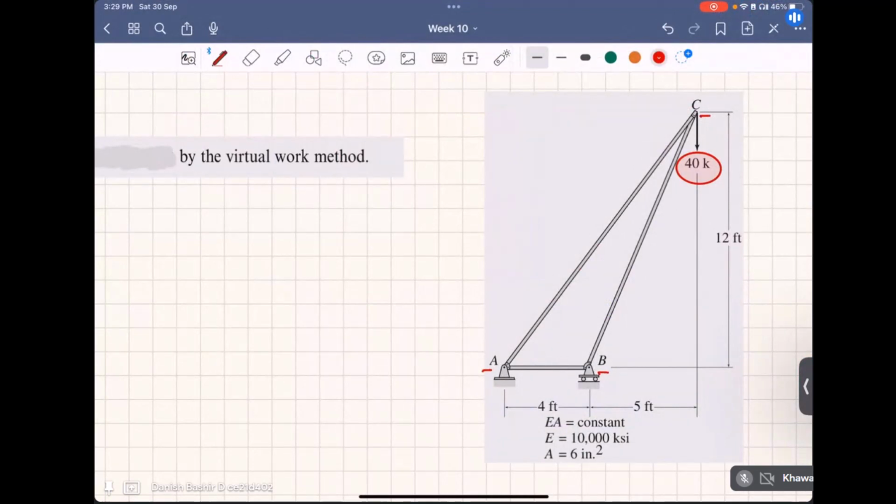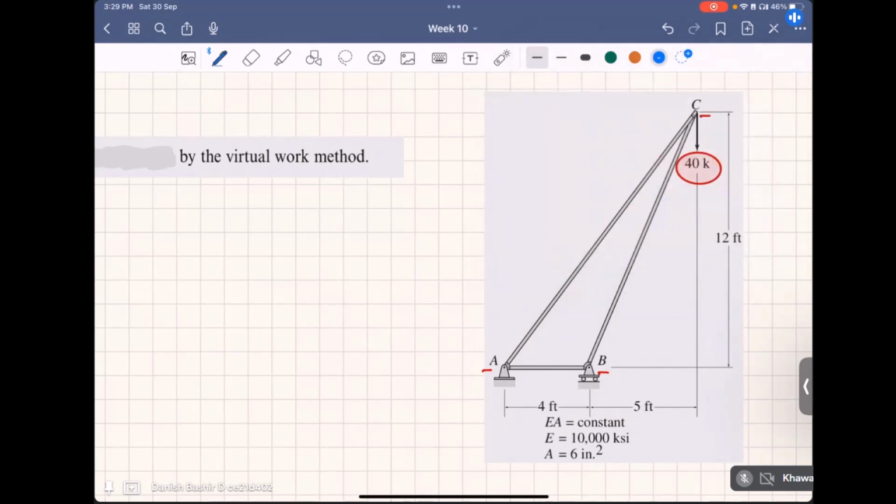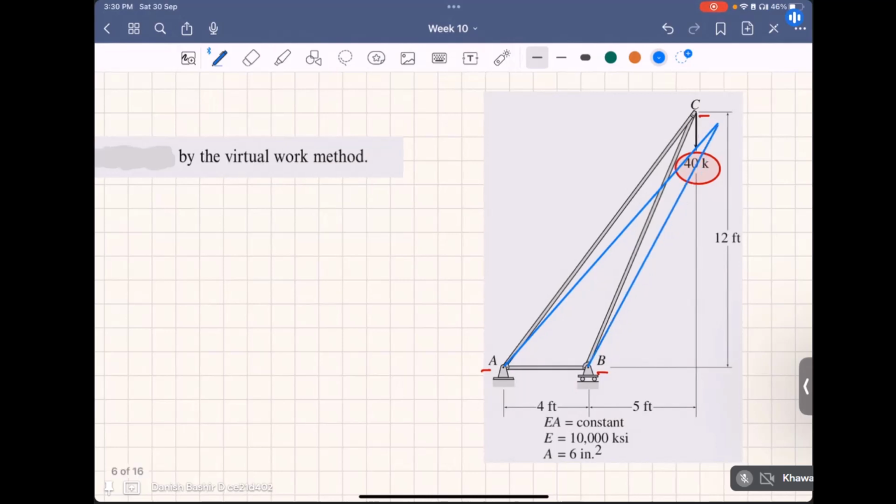If we draw its qualitative deflected shape, it will look like this. It will come down. For example, this member will go to this point, but it will come a little bit down like this, and then this member will be joining so as to maintain the compatibility at the joint. So this member will be joining it like here, and this will be the same thing here. This will be its deflected shape.